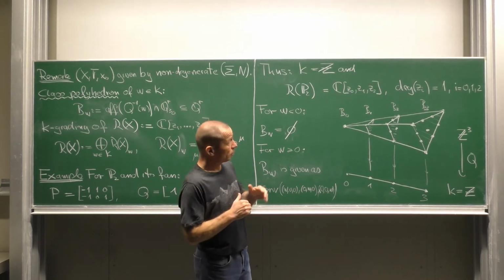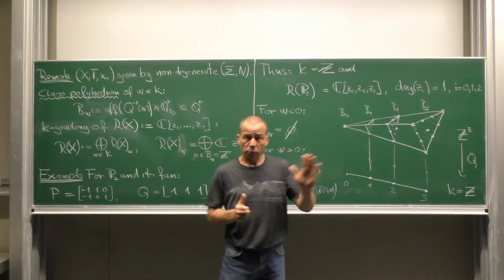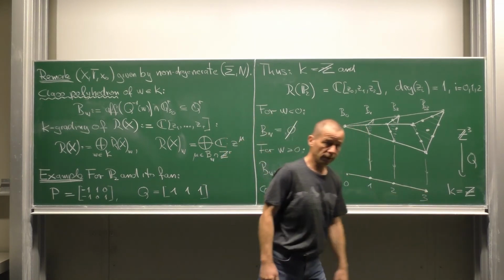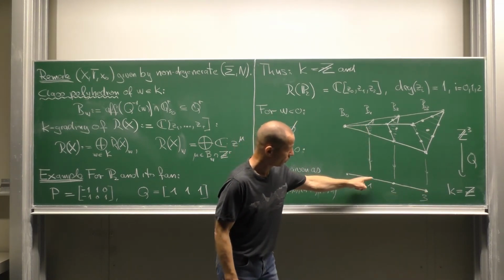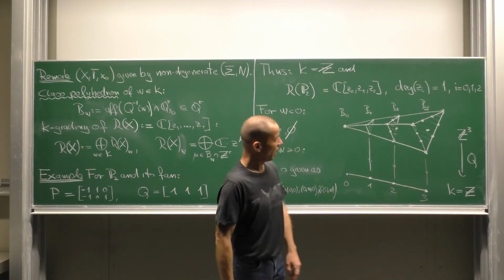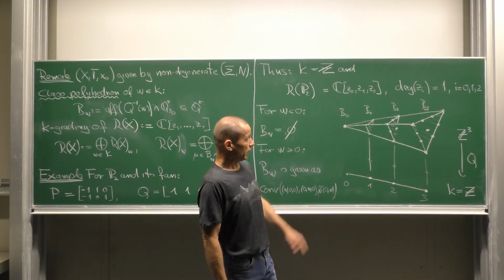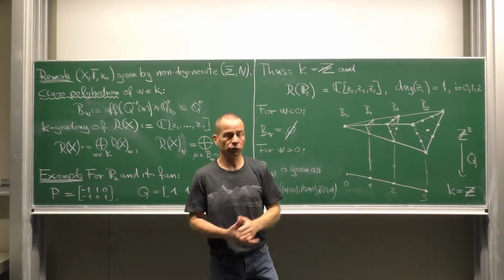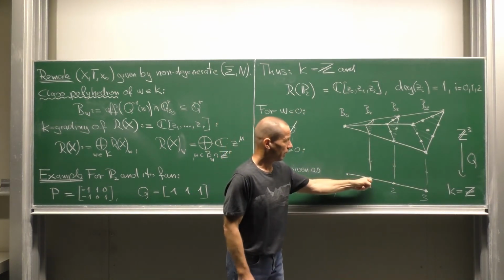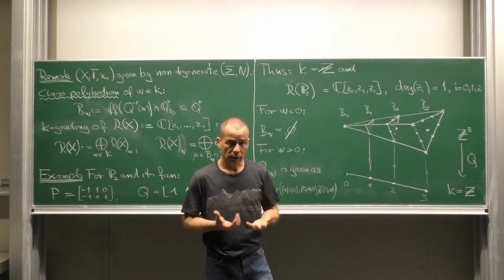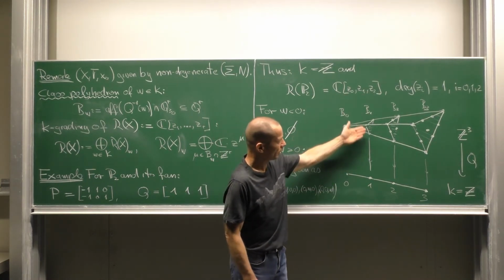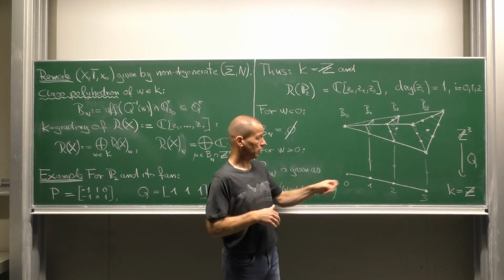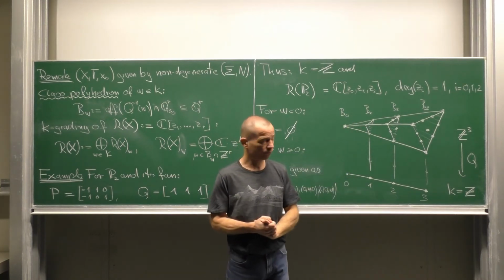Now we can draw all these class polyhedra in a picture. Here we have K equals Z: 0, 1, 2, 3. And above we have the orthant in Q^3. And over each integer we put as a slice the corresponding class polyhedron.